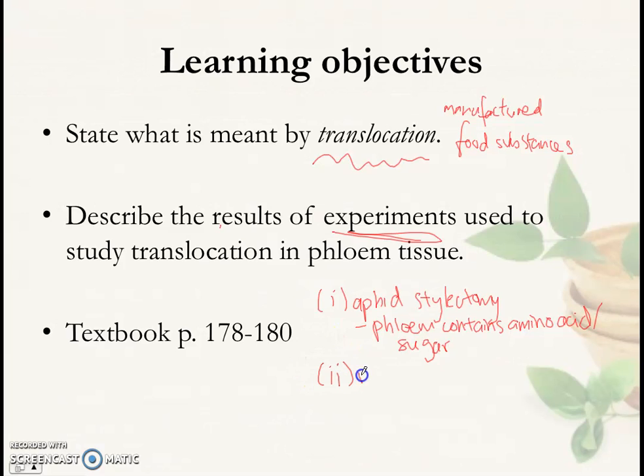Experiment number 2, we looked at ringing. I remember we had a stem. I draw my stem. And we removed the phloem from one part of the stem. Over time, we saw that there was a bulge here above the cut.